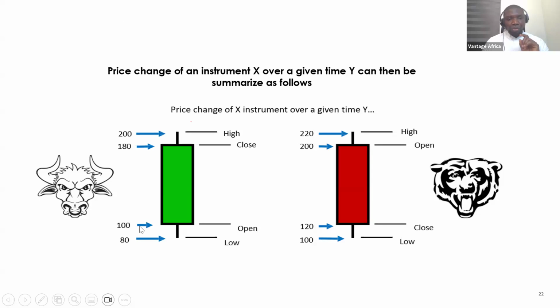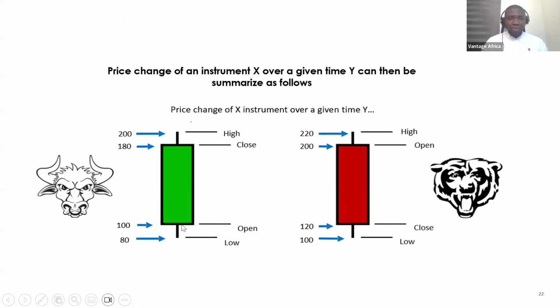Price will open, then come to a low, typically most of the time, and then from the low, it starts to rise, gets to a high, and then eventually closes.